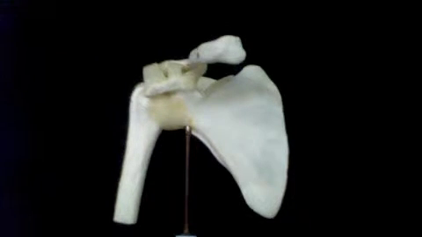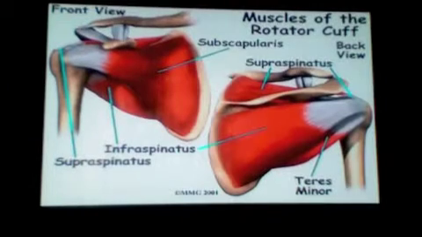The glenohumeral ligaments are part of the fibrous layer of connective tissue that makes up the outer layer of the capsule. Moving out from the joint capsule, the most superficial aspect of the shoulder joint are the muscles that make up the rotator cuff. The rotator cuff is composed of 4 muscles that help support and stabilize the shoulder.